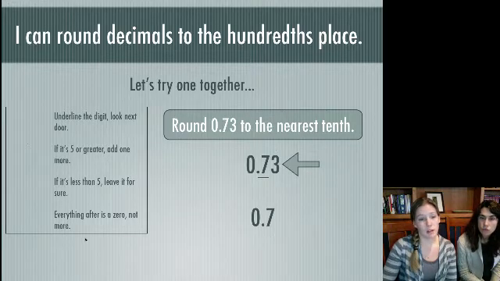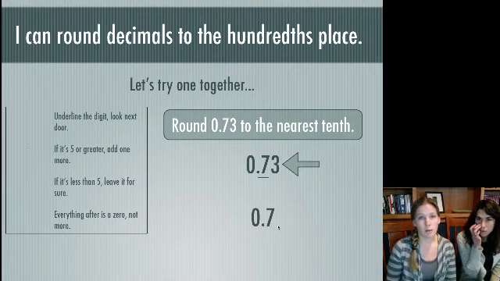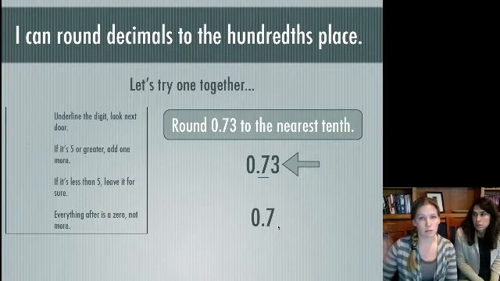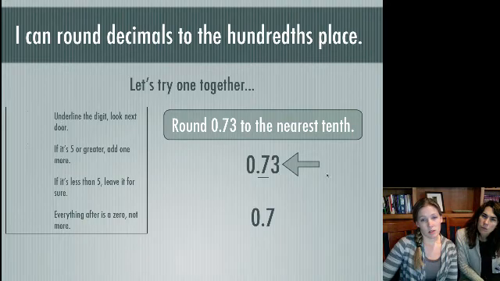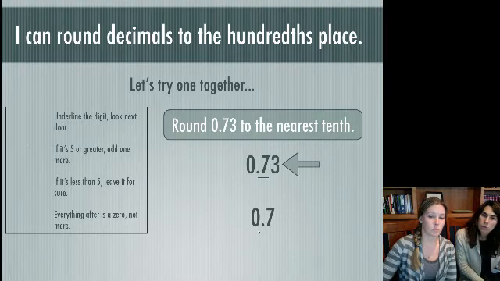Everything after is a 0, not more. So I can't leave this 3 there. If I wanted to add a 0 on, I could, because it doesn't change the value of the number. So again, underline the digit, look next door. If it's 5 or greater, add 1 more. If it's less than 5, leave it for sure. So leave this alone, and if you want to add a 0, you can.